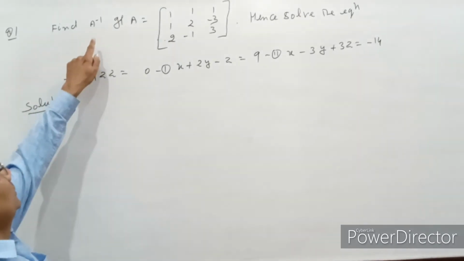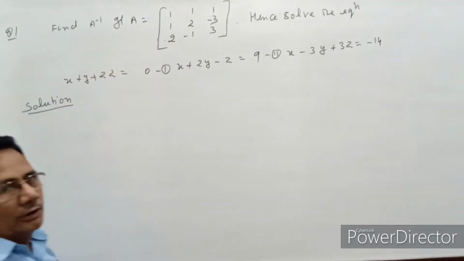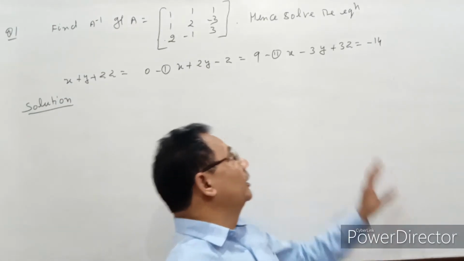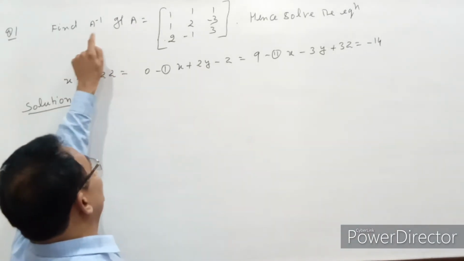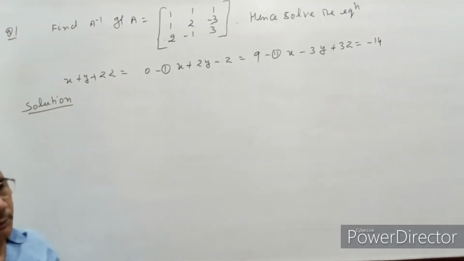If A is equal to this, then find the inverse of A, and by using this inverse, solve the following system of equations.